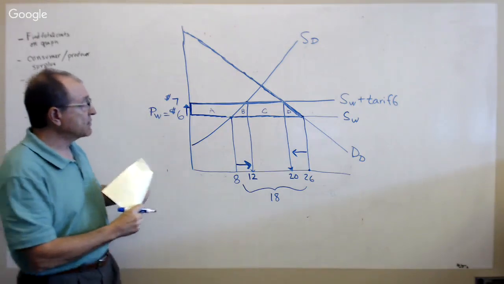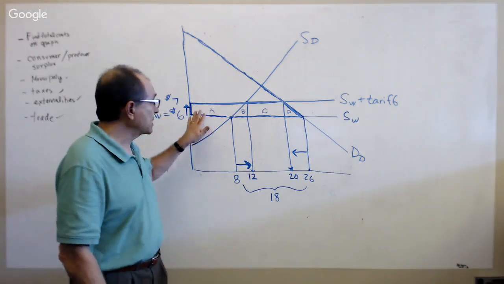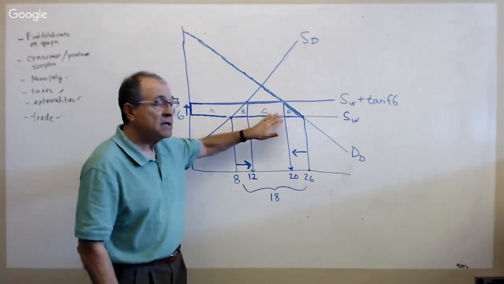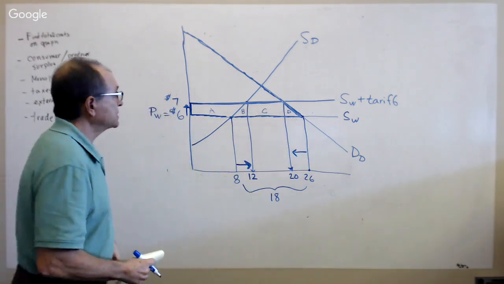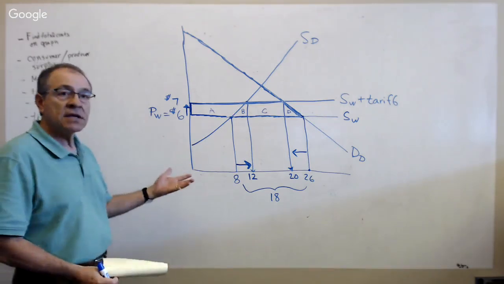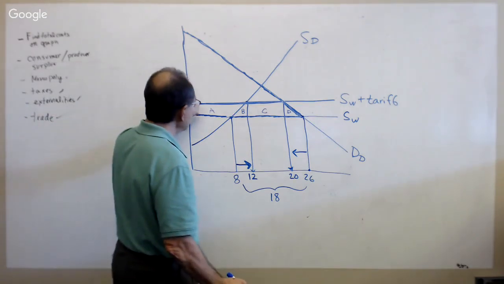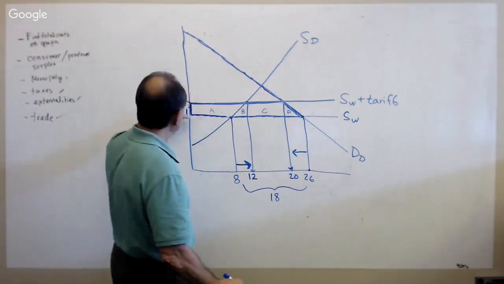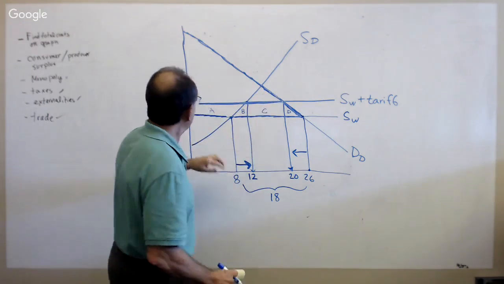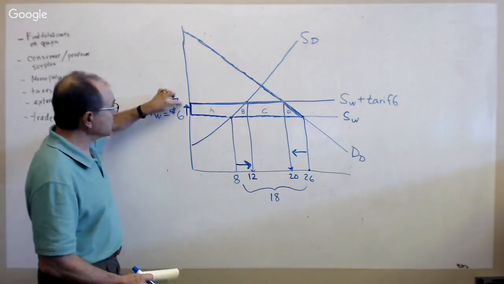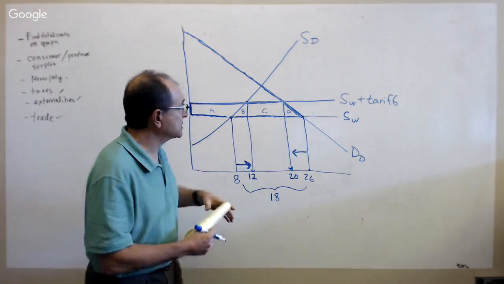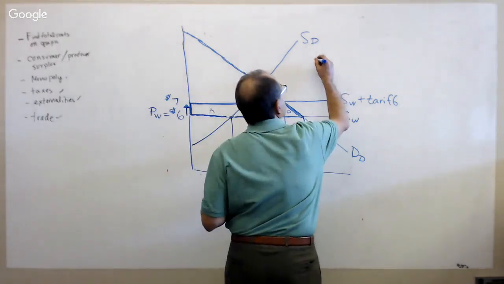So consumers have lost this amount of consumer surplus as represented by A plus B plus C plus D. All right, so what's a quick way of calculating this? Well, we can calculate the area of the rectangle by the height times the width. And in this case, we know that it's gone up by $1, and the width is 20 units.